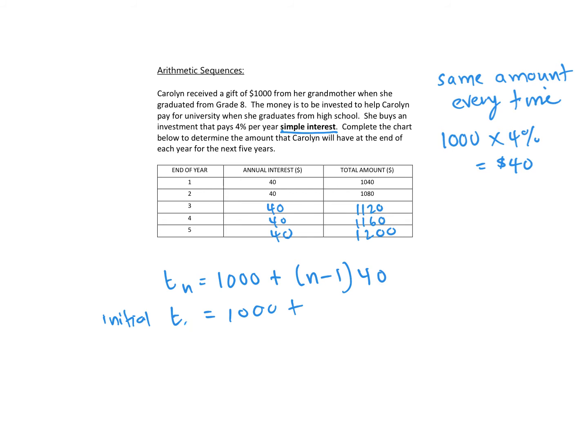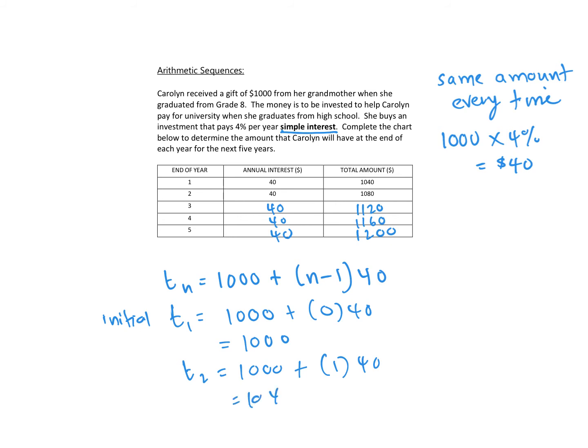We'll do t to the 1. After the first year, 1 minus 1 is 0. So at the beginning, she's got $1,000. Then we have 1,000 plus 1 times 40. So now we're at 1,040.